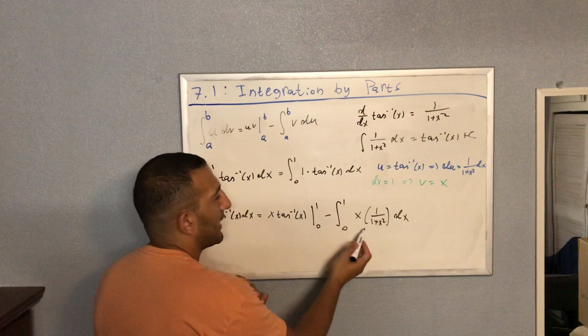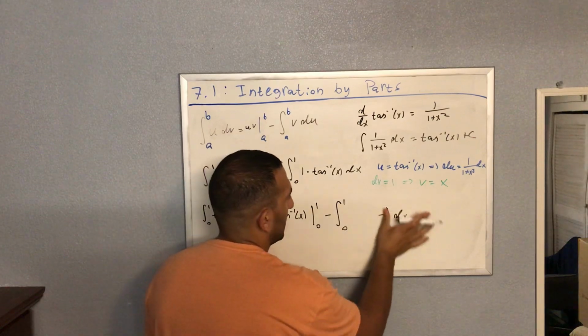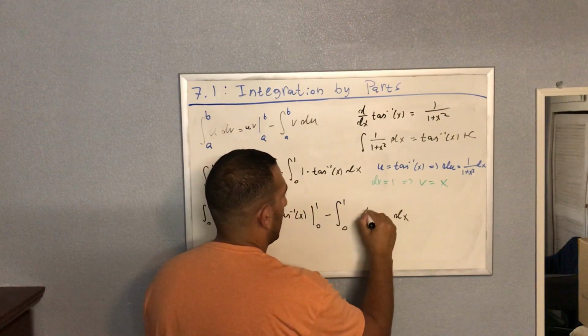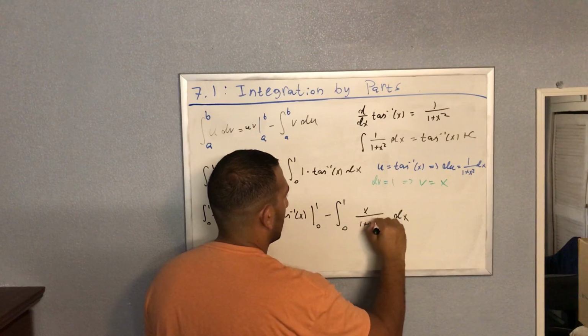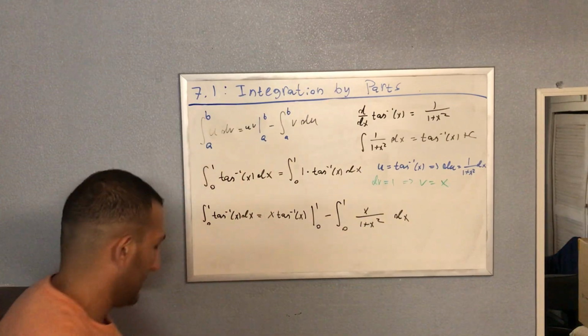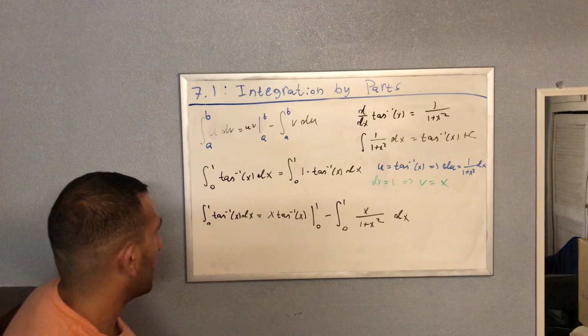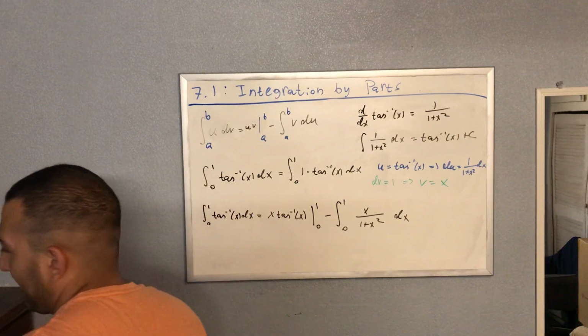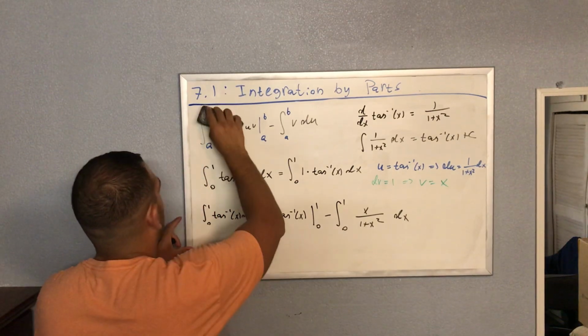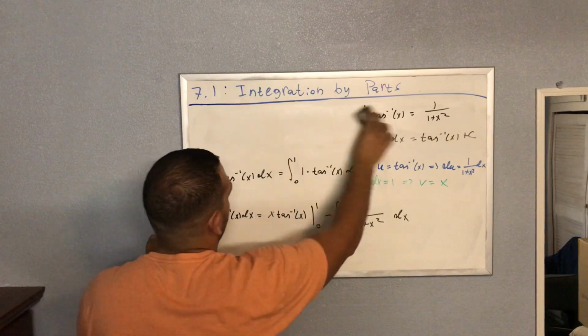Which, if you simplify this, is x over 1 plus x squared. Okay, so that's pretty cool. We're getting some really cool looking stuff.